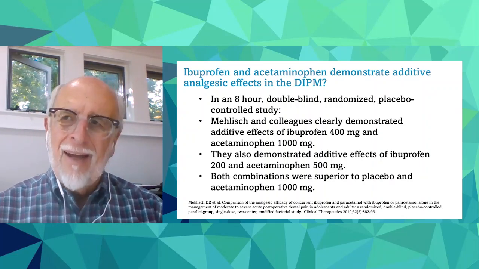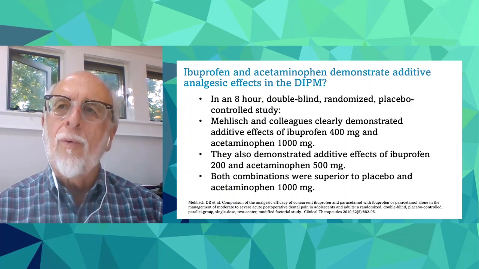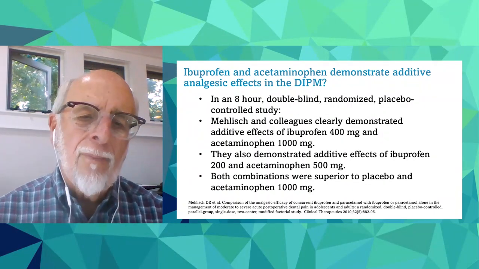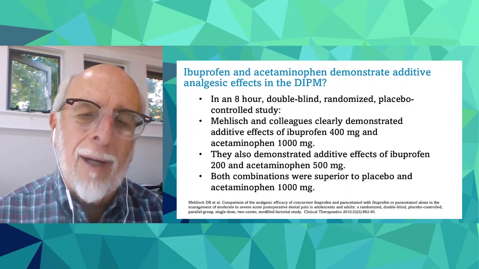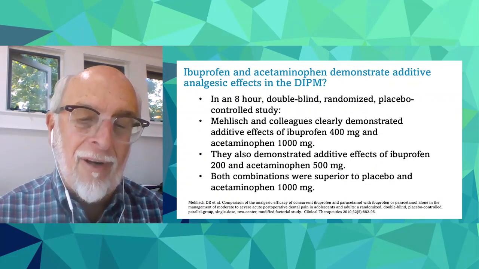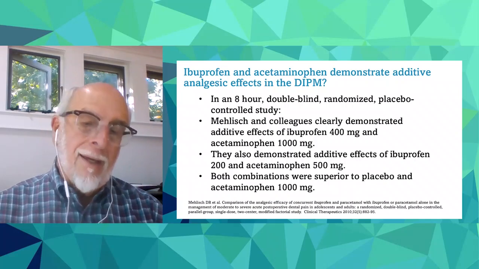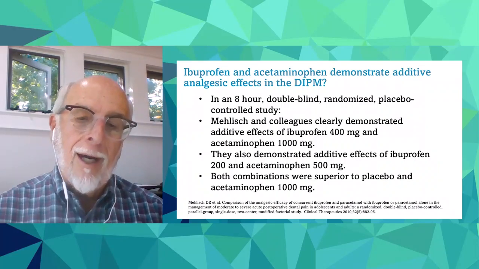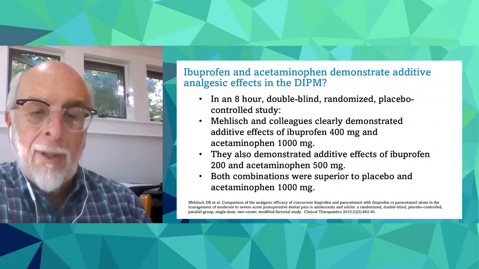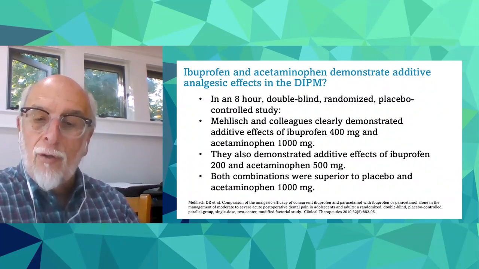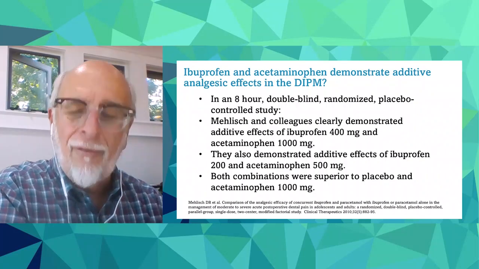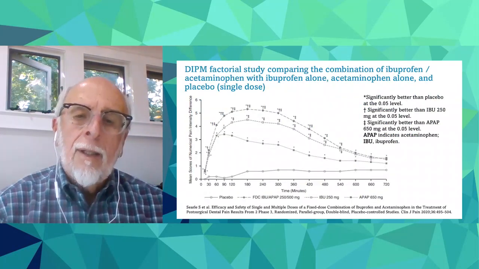The fact that they could have an additive effect was fairly surprising. In this first study by Mellish, they combined ibuprofen 400 and acetaminophen 1,000, and they had a separate treatment arm with ibuprofen 200 plus acetaminophen 500.